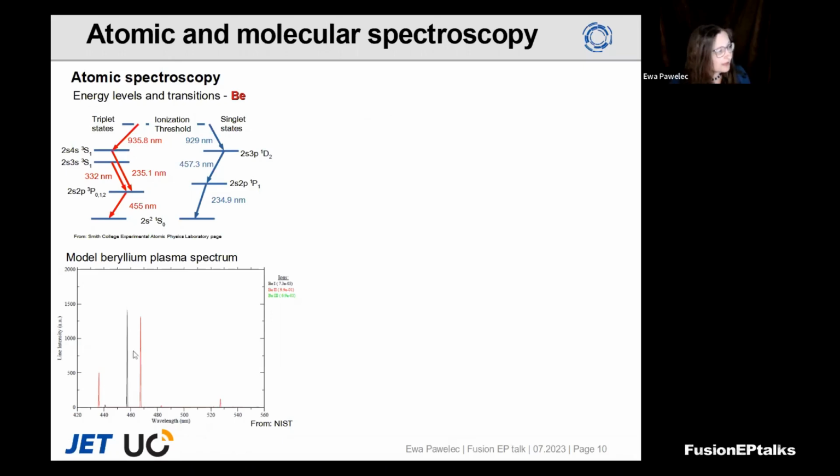In fact, those are the lines from the beryllium atom and ion that are the strongest in the JET spectrum, because this is the wavelength region which is easiest to see there. And they are transitions between very well-defined levels with very well-defined energy.